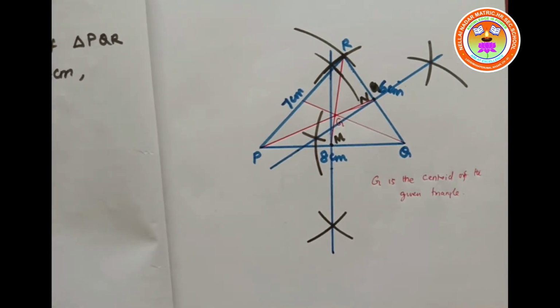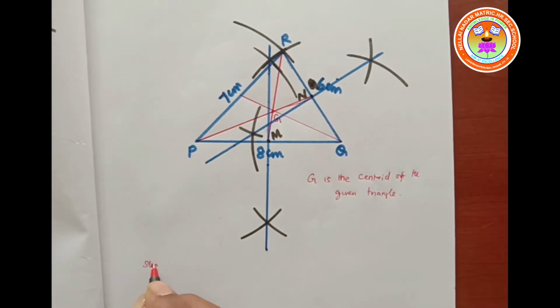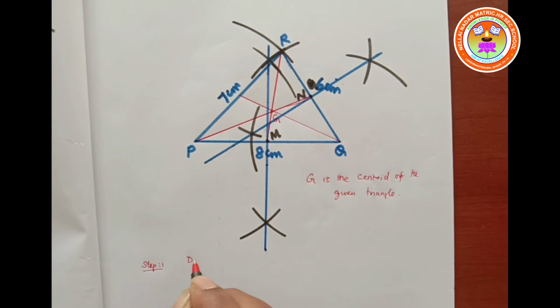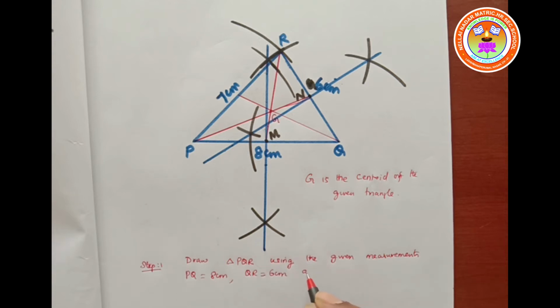Now you're going to write the steps of construction. Step 1, draw triangle PQR using the given measurements PQ equal to 8 centimeters, QR equal to 6 centimeters and RP equal to 7 centimeters.